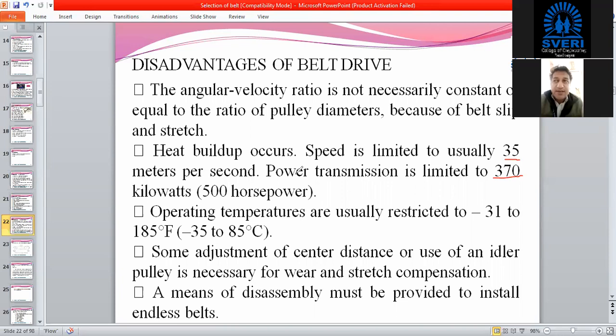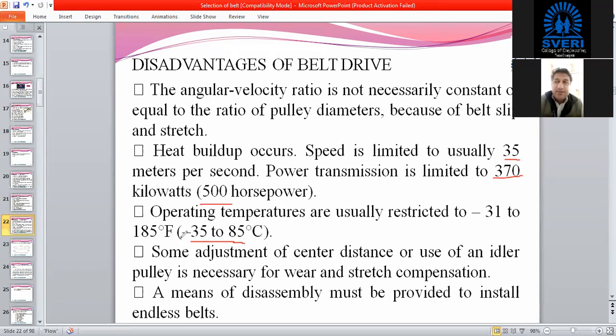If you want to transmit power, as I was saying related to earthmoving equipment like a dozer, in mining applications more than 500 horsepower is required, and in such cases we cannot use this belt drive. And the temperature range is also fixed, that is minus 31 degrees Fahrenheit to 185 degrees Fahrenheit, or minus 35 degrees Celsius to 85 degrees Celsius.